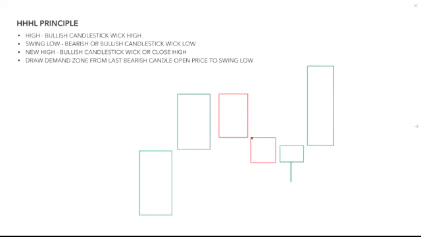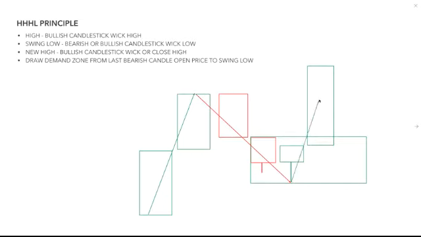Then again, the last bearish candle is from there to there. If this swing, let's say for example, was there, because what you're looking for is higher highs and higher lows, that would be where the higher low is, I should say. And then you've got a move up here once prices make a new high.